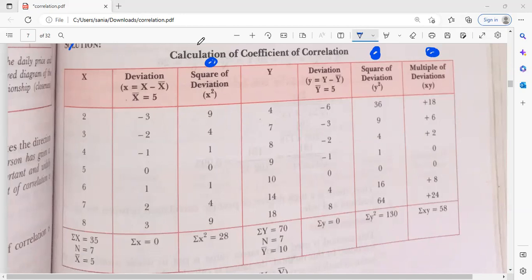And now I'm getting correct. Okay, now put the formula and get the answer.